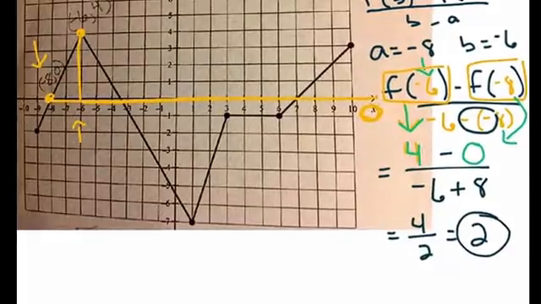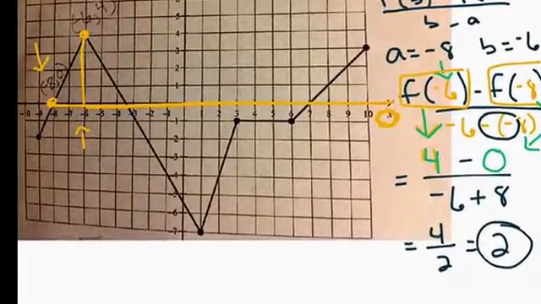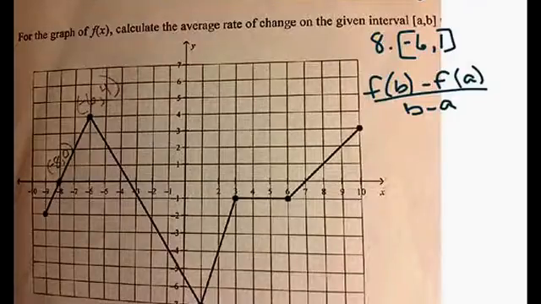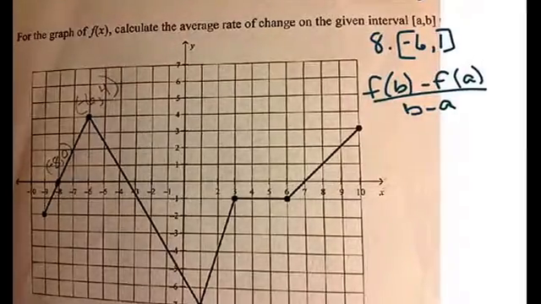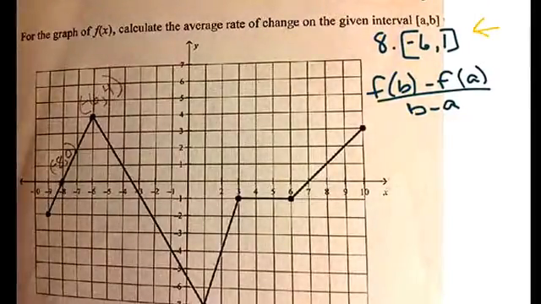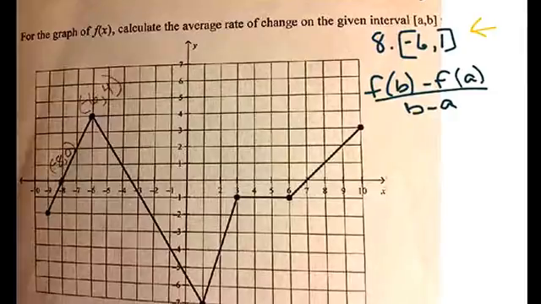Okay, so let's do one more of those. Okay, so this time we are doing it for this interval, -6, 1. I went ahead and wrote the function. So let's plug it in.